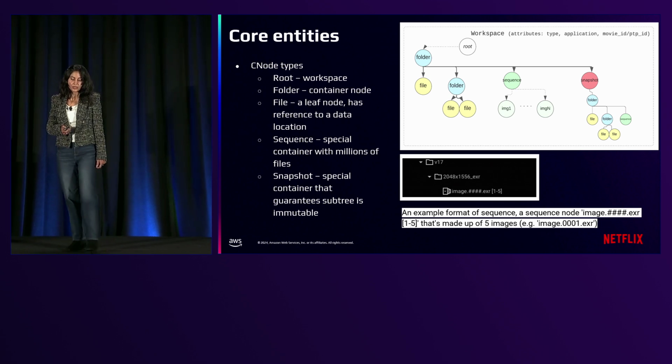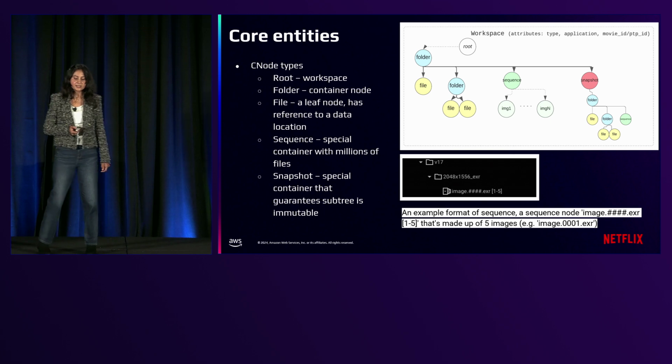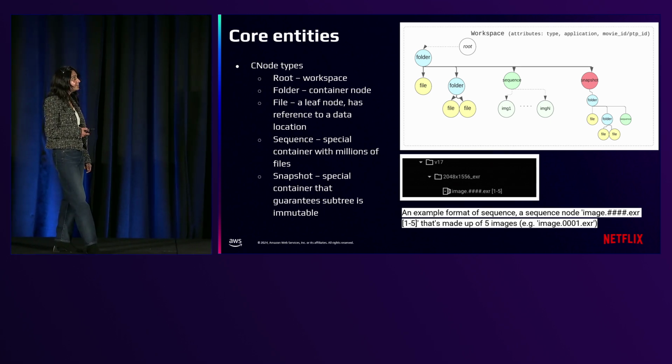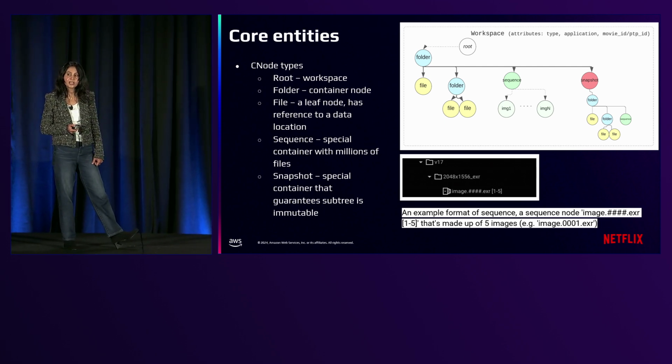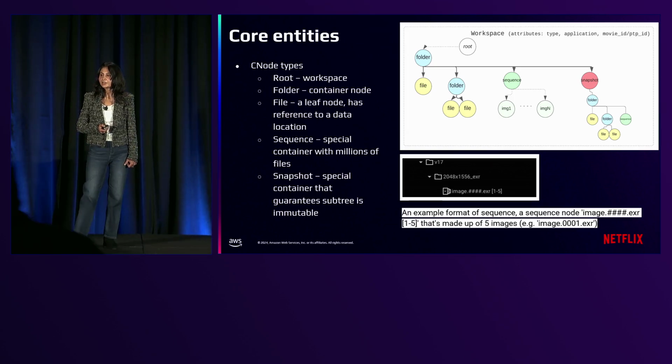We also have a concept of special nodes, which is a sequence node. Sequence is a special node or container in Content Drive, which can contain millions of files underneath. This is created to represent special media files such as off-camera footage, which has a range of frames that form a small clip.